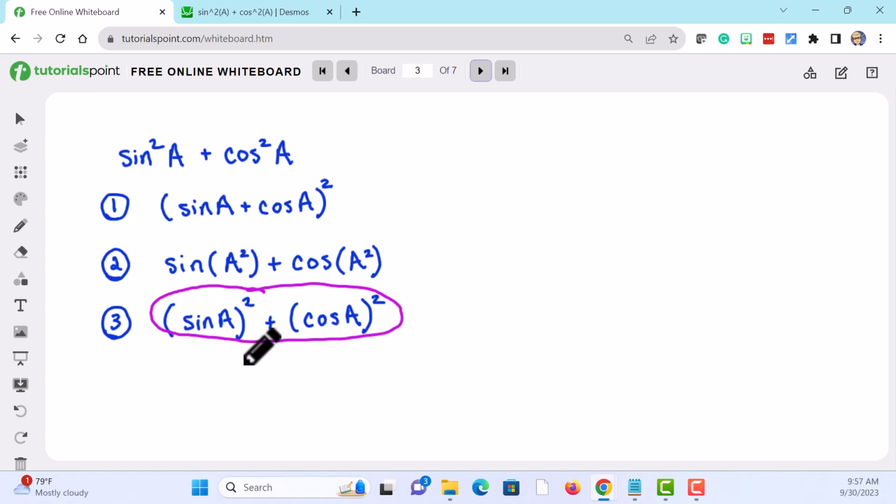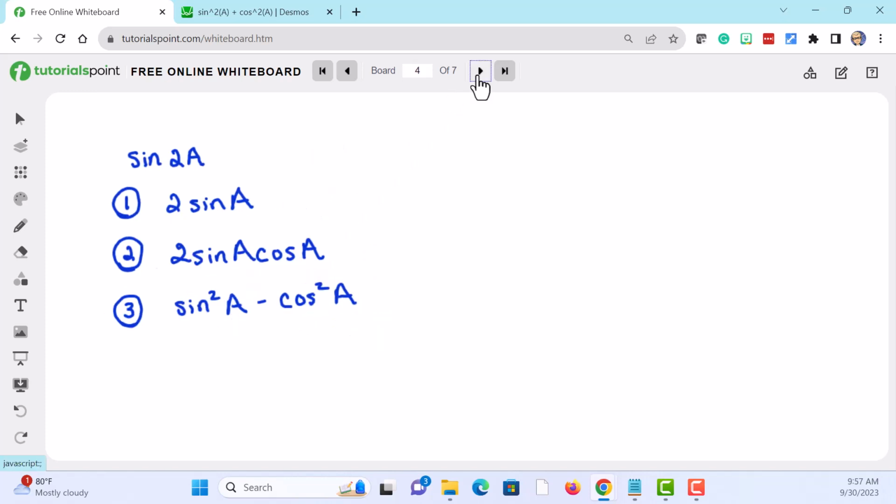But maybe more importantly, sine squared of a plus cosine squared of a is equal to 1. And we're going to learn that the name of this particular identity is the Pythagorean identity. Sine squared a plus cosine squared a is always equal to 1 no matter what angle you pick for a.